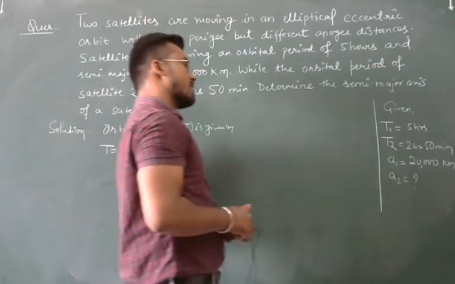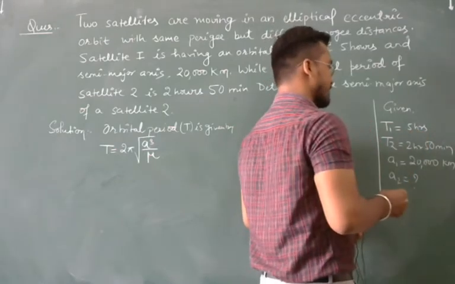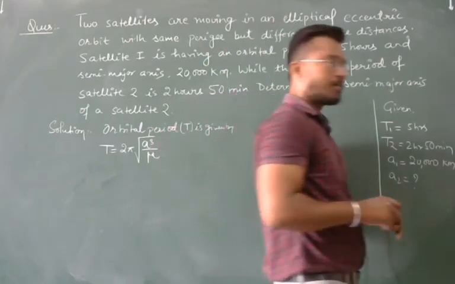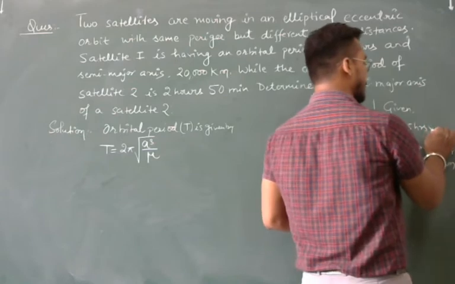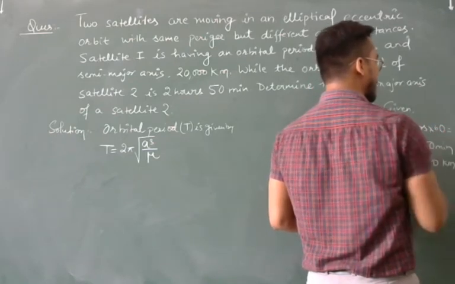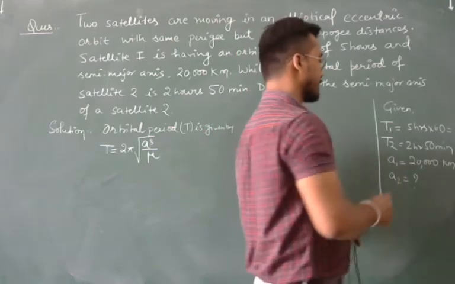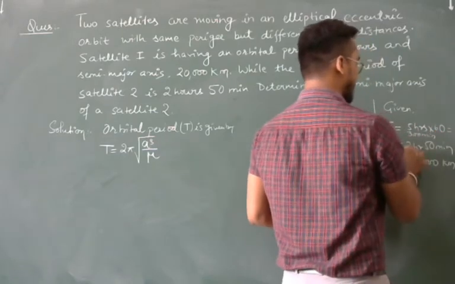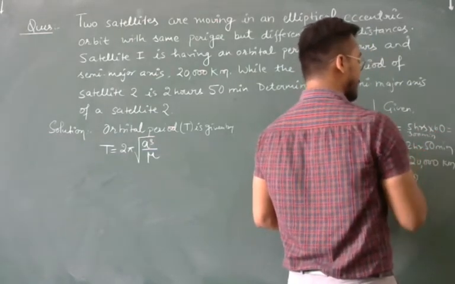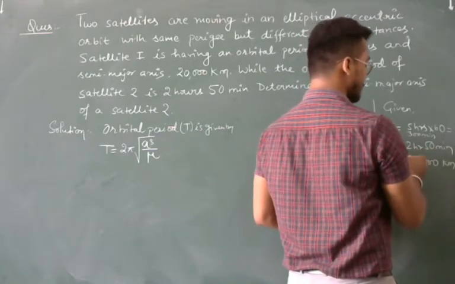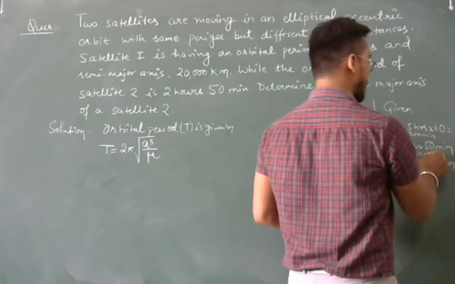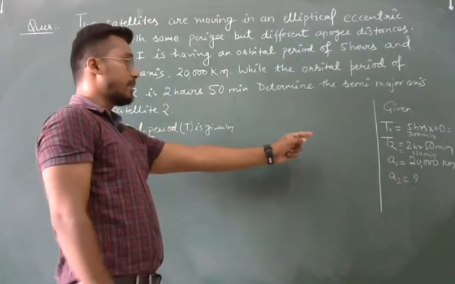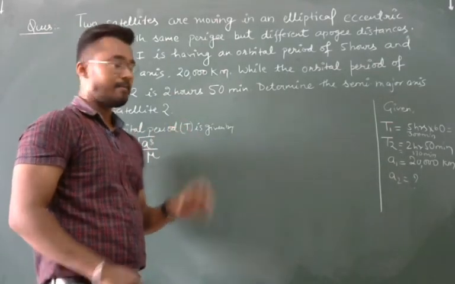So if you are going to convert 5 hours into minutes, because we have to follow a uniform standard, we just multiply this value with 60, and we have 300 minutes. So we can assume T1 to be 300 minutes and T2 to be 2 into 60 plus 50, that is 170 minutes.